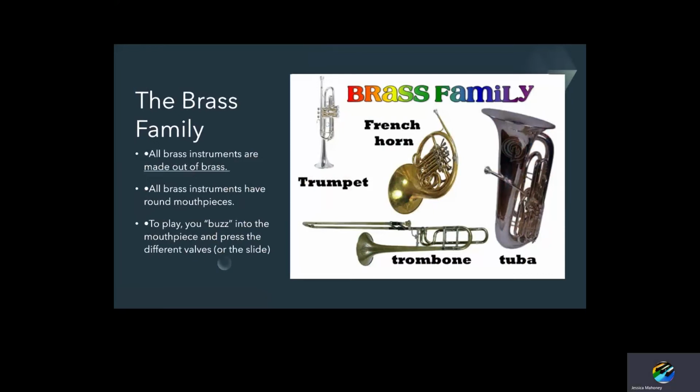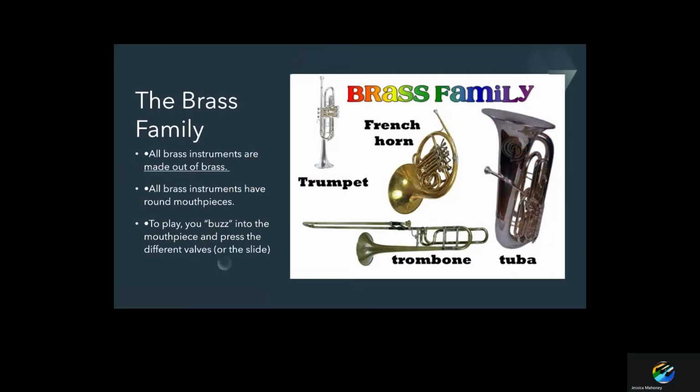All brass instruments have a round mouthpiece that you blow into. Except you don't blow into it like you're blowing out a birthday cake candle. You do something called buzzing, which is very, very silly. You hold the mouthpiece to your mouth, and then you have to make this sound into the mouthpiece.